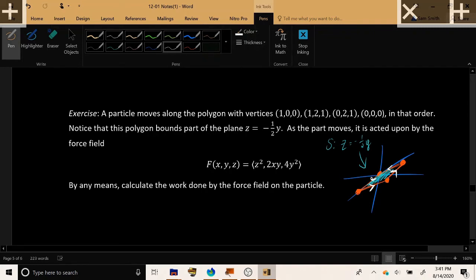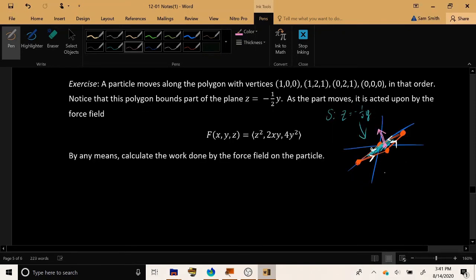Now, we're moving along the curve in this forward direction, and we need to keep the surface on our left. So if we have our head pointing in the upward direction, as indicated by this pink arrow, if we keep our head upward, then the surface will be on our left as we move around this boundary rectangle. Okay, all of that was just note keeping.